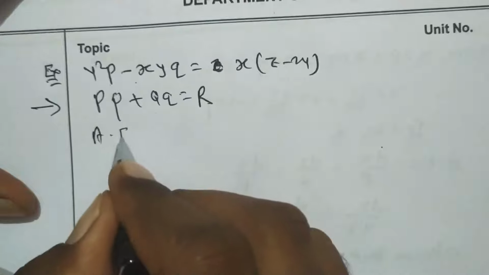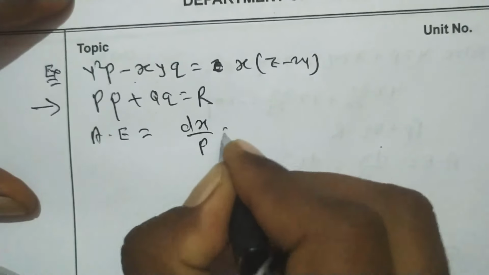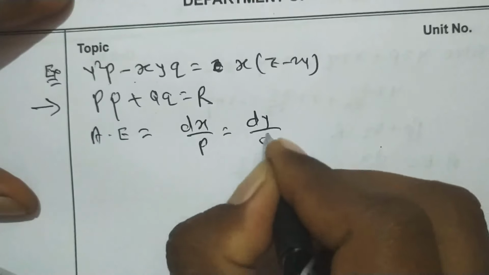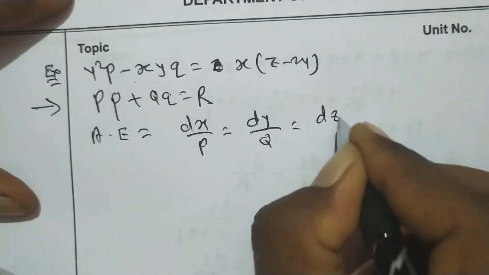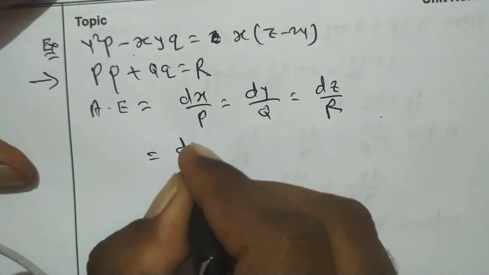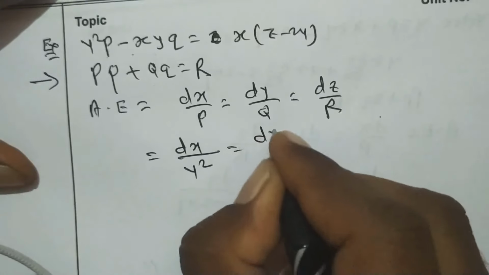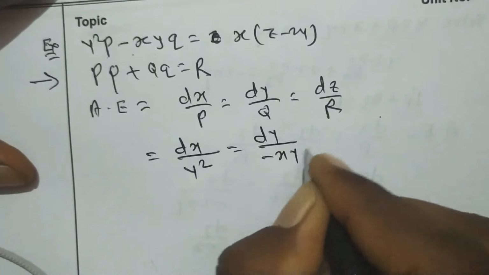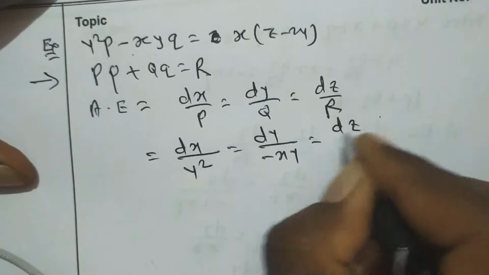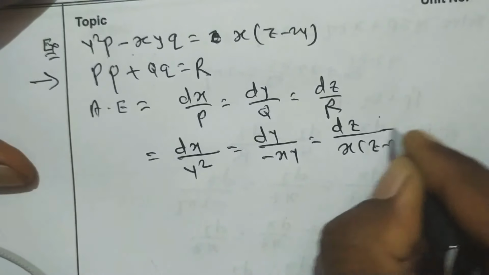So using this we can write the auxiliary equation as dx by P equal to dy by Q equal to dz by R. Notice P, Q, R here: dx upon y square is equal to dy upon minus xy, equal to dz upon x into z minus 2y.